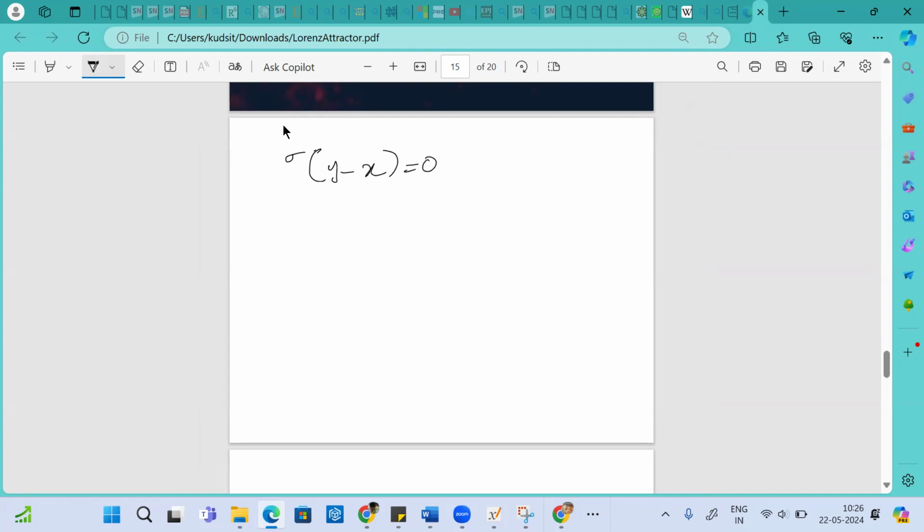The first equation would be sigma into y minus x equal to 0. From that we get y minus x equal to 0 and y equal to x.